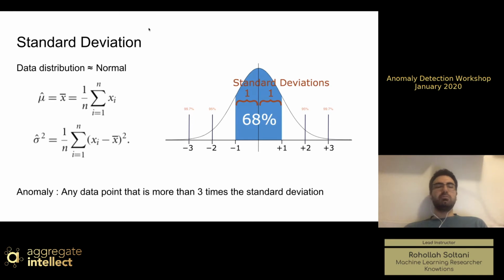Based on the mean and standard deviation, you can compute the z-score as well, and you can use all those techniques. If your data is univariate, then you can just use this simple standard deviation technique to say that something is off about my data, and whatever I'm seeing is not normal.